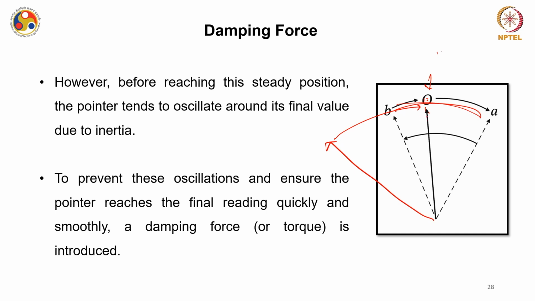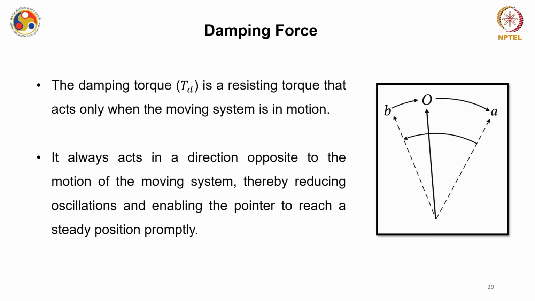To avoid overshoot or undershoot, you utilize an extra damping torque to avoid any kind of oscillation.